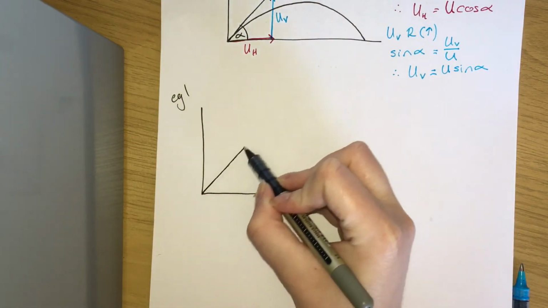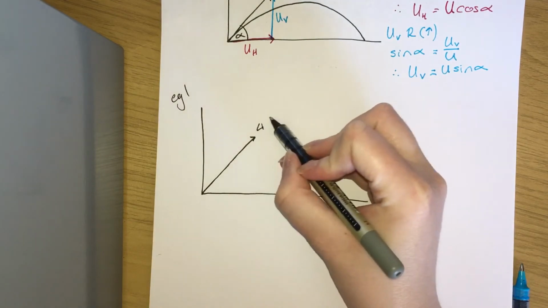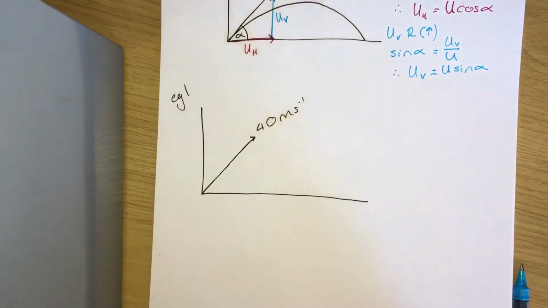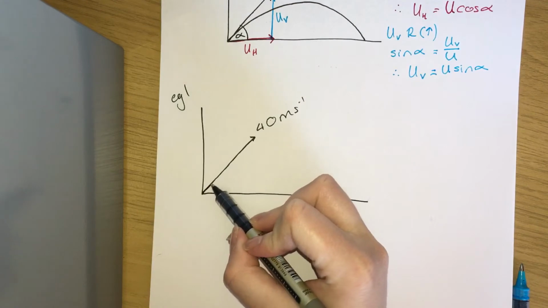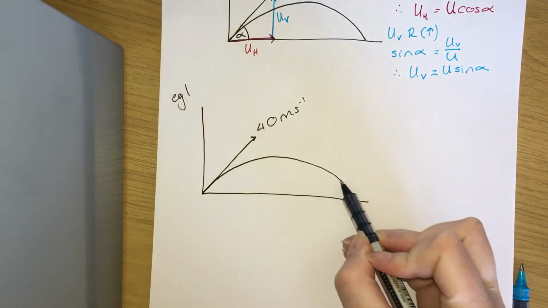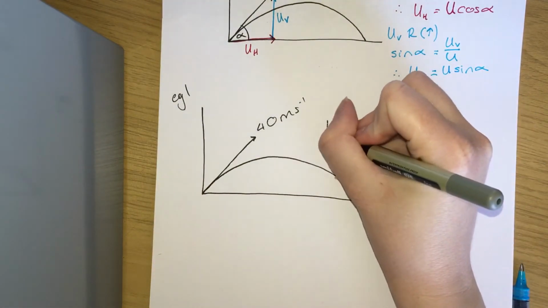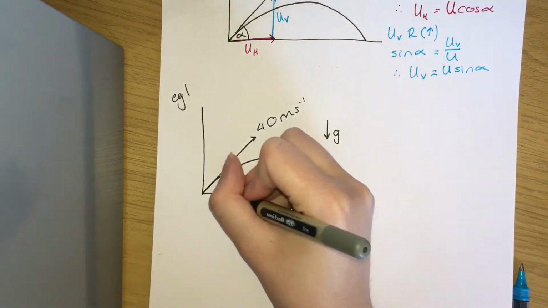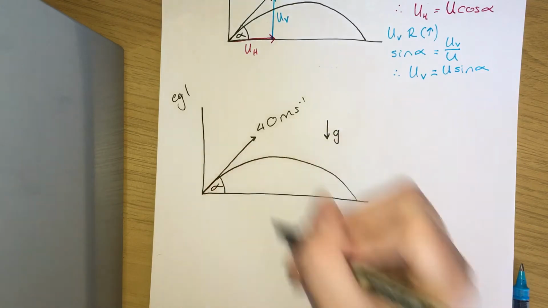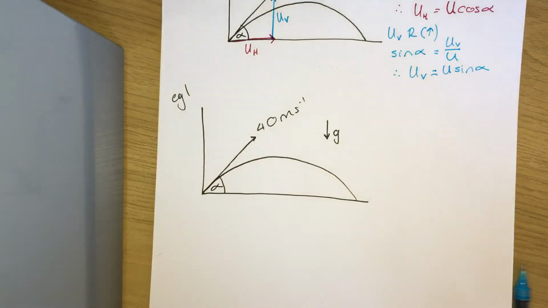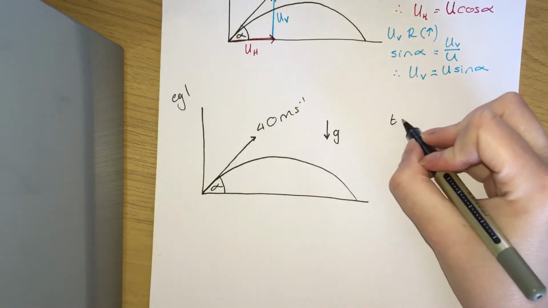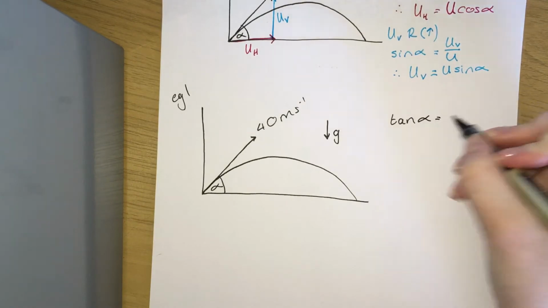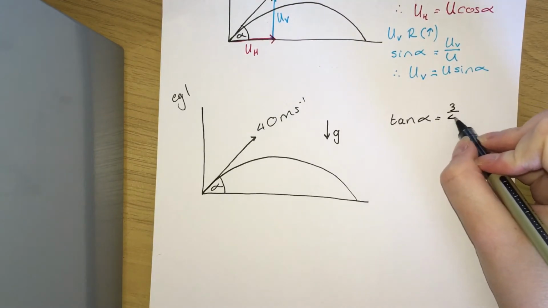So I know that it's been released at 40 metres per second and it's going to come over in an arc like this. I have gravity acting downwards and I have an angle alpha. Now what I know about this angle is that tan alpha is equal to 3/4.